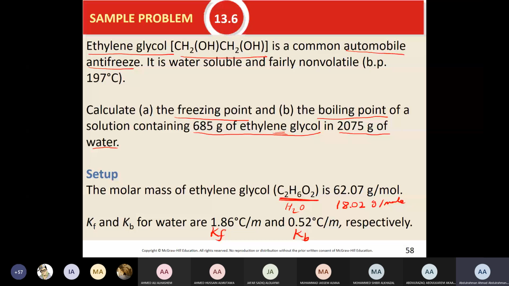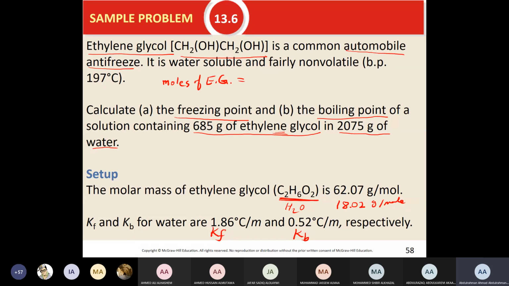Now, what will be the boiling point of this solution? Go ahead. What's the first thing you're going to do? Find the molality. Exactly. But before you find even the molality, what's the very first thing you're going to do? Find the moles of ethylene glycol.